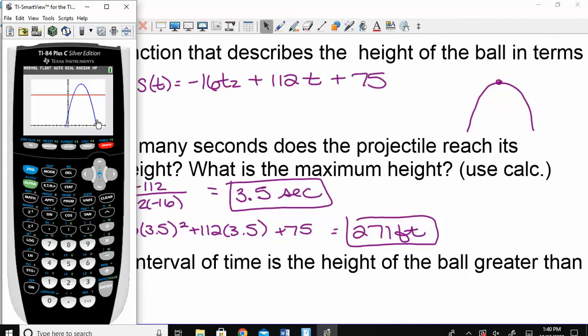Oh, okay. And then the second one, because we're trying to find when it's above 200. So I graph 200. Okay, so y max.